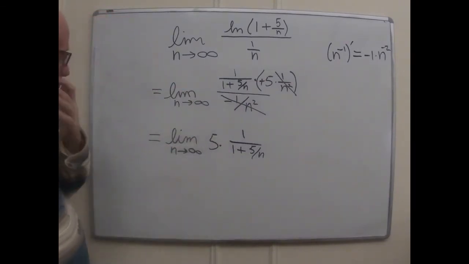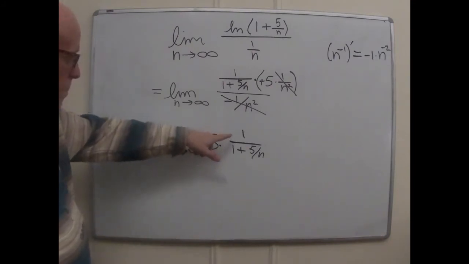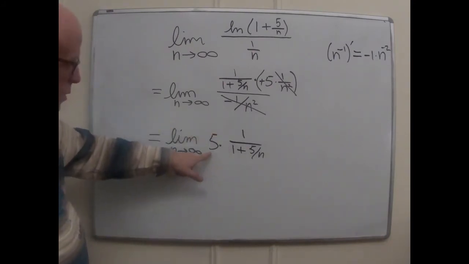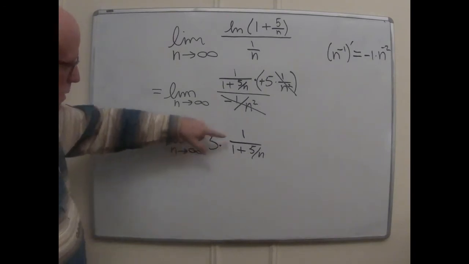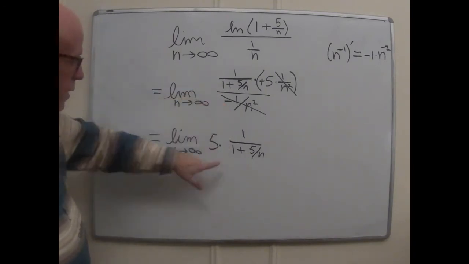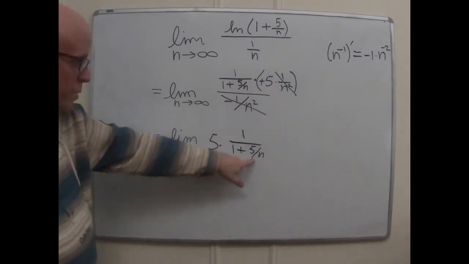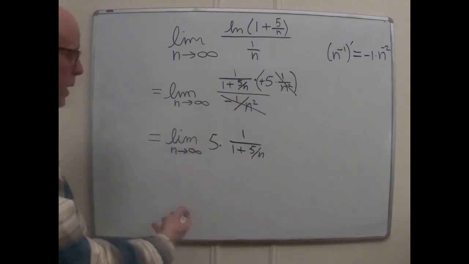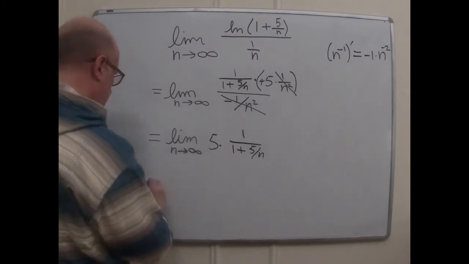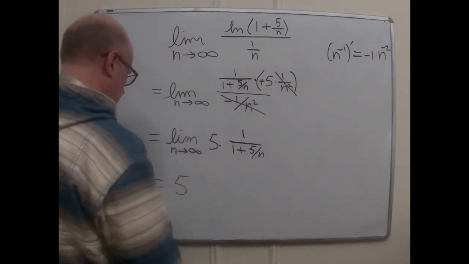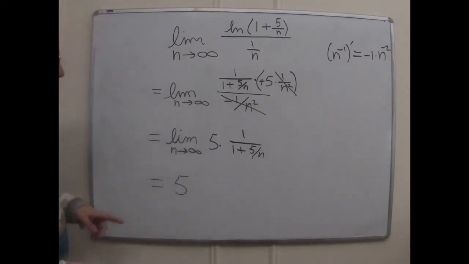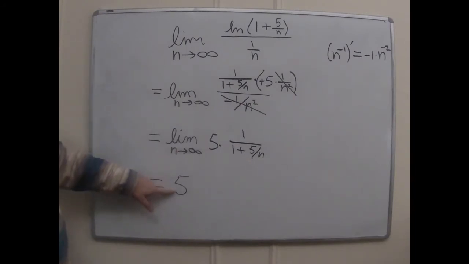Well, this is a particularly nice one. Maybe we should include this 5 into the numerator. The top is just a constant, so it's equal to 5, and the bottom is 1 plus something that's going to 0, so it's 1. That's brilliant because now we know what our original guy's limit is.